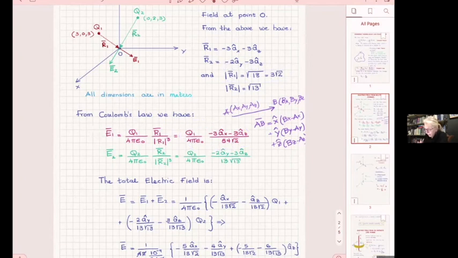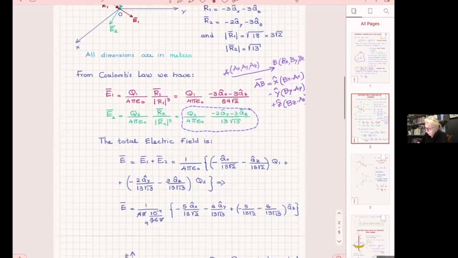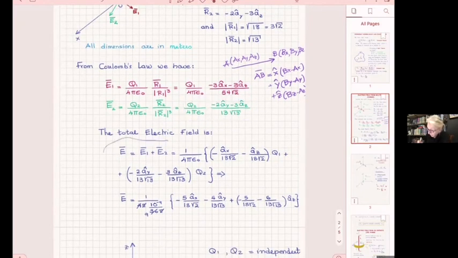And in the same way, I now look at charge Q2. I use the same formula for that charge, and I find the field that is coming from this charge. And then what do I do? I superimpose. That's where I do the superposition.